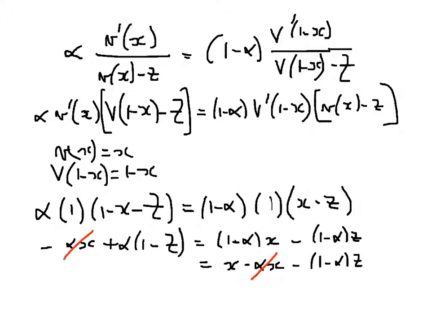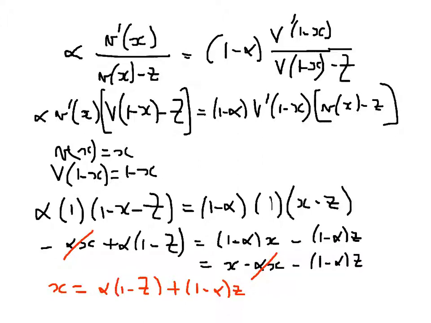This is removed on both sides, and I can rewrite x is equal to alpha times 1 minus z plus 1 minus alpha small z.